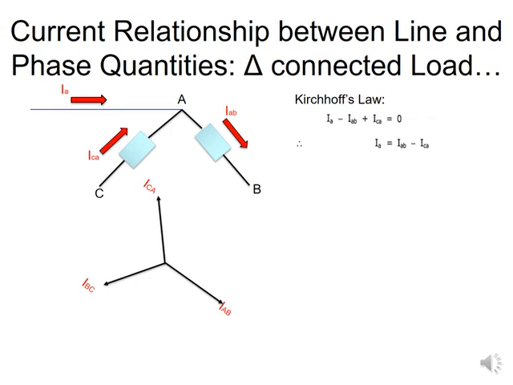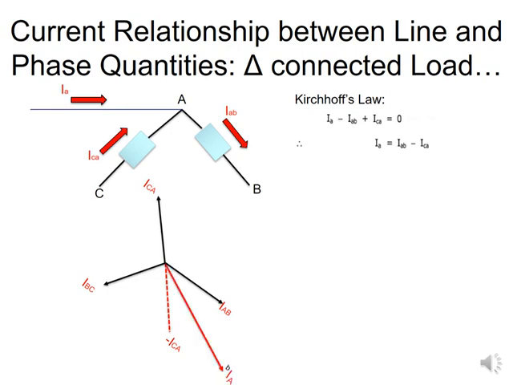So here is a phasor diagram at the bottom where I've drawn in my IAB in the same direction it was in there. And then I drew in my IBC and my ICA at 120 degrees from this point. So after I'm drawing this phasor diagram, I then take across minus ICA, and there it is in the red dotted line. Once I've drawn in my minus ICA, I can see now I've got a relationship between what I wrote in Kirchhoff's law of IA is equal to IAB minus ICA.